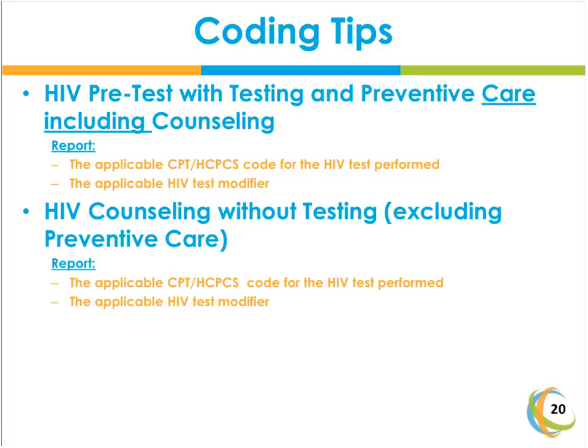HIV counseling without testing, without preventative care. Typically it's going to be the same type of code depending upon whether it's a rapid or a regular test. Select the appropriate HCPCS or CPT code for the test performed, HIV-1 versus HIV-2, or if it's a combo test, HIV-1 and 2. And let's just take a moment to go back to look at the slide.